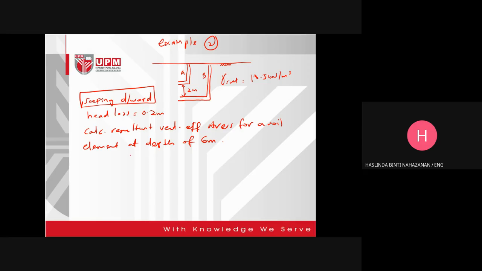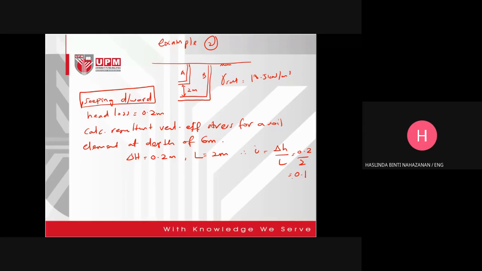We have delta H given to us as 0.2 meters, and the piezometers are apart from each other by 2 meters. So L is 2 meters. From this we can calculate hydraulic gradient, which is delta H over L. So 0.2 divided by 2, so we have i equals 0.1.